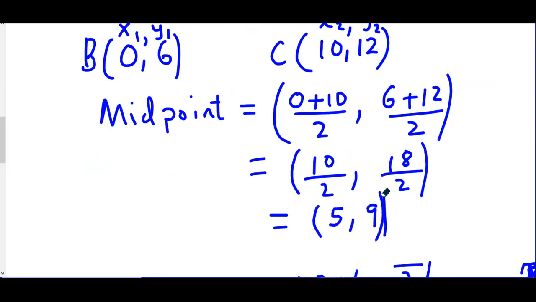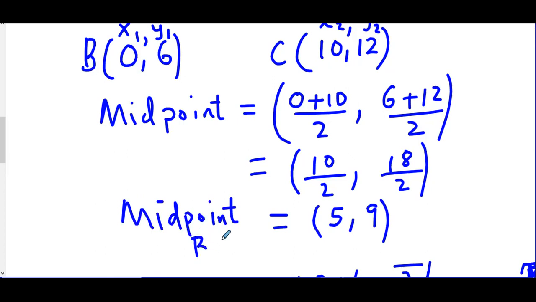What is this midpoint standing for? This midpoint is standing for the line joining B to C. So here you write: midpoint of the line from B to C.